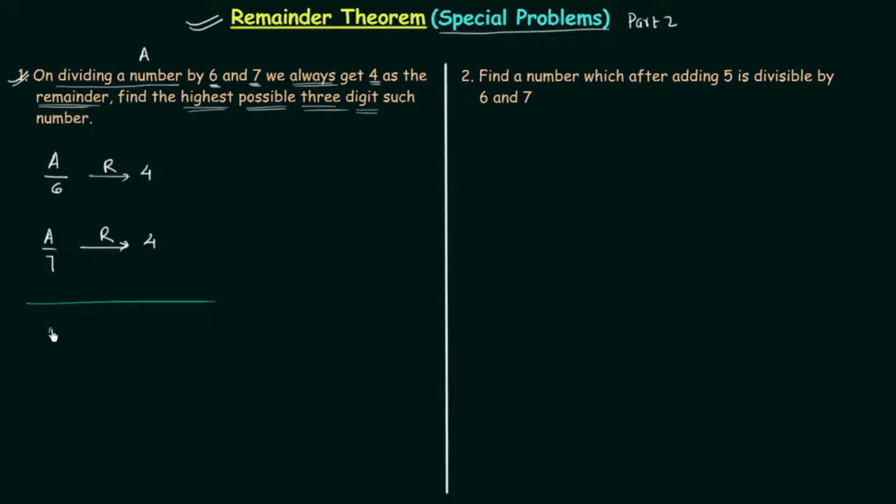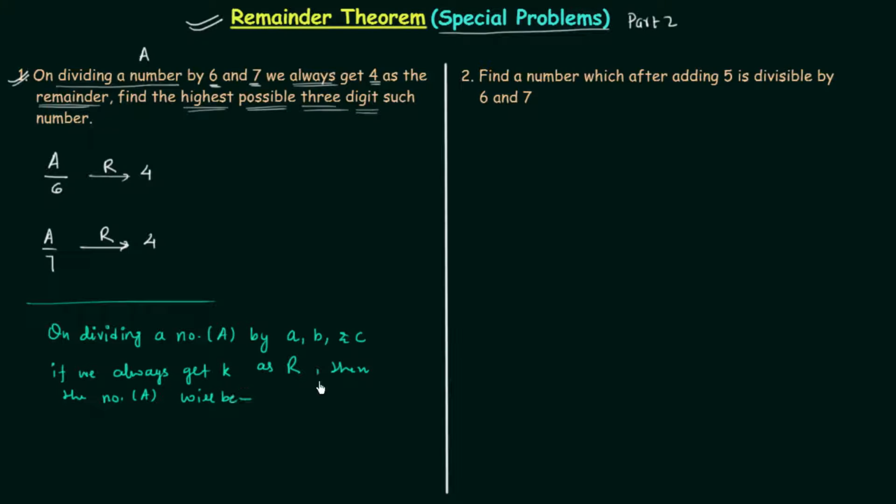On dividing a number, let's say the number is represented by uppercase A, by lowercase a, lowercase b and lowercase c, these are the three numbers by which we are dividing this number, and if we always get k as the remainder, then the number uppercase A will be given by this formula.